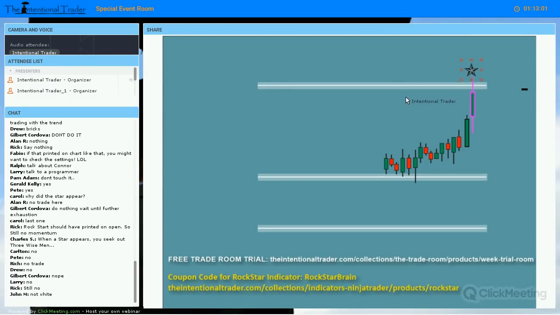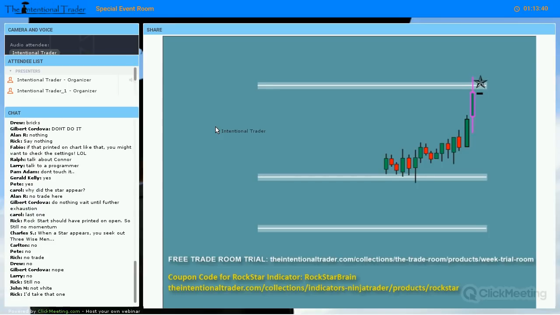Now, my rules say that the trade setup dictates that I have to have support or resistance behind my trade. This is the open of the next bar. How about it?